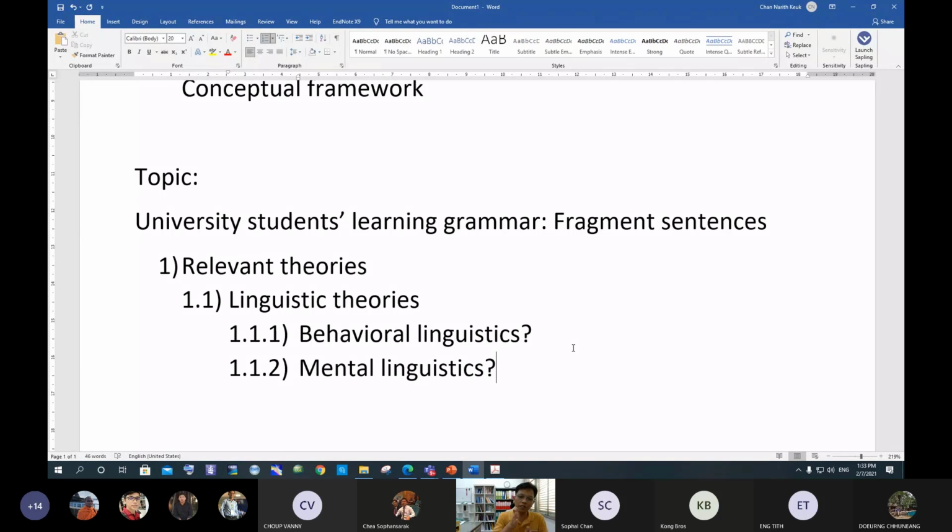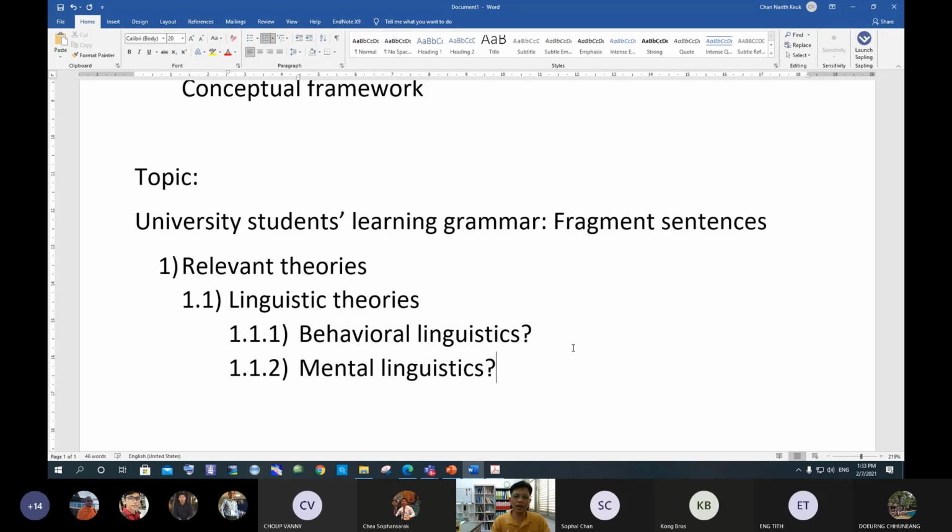So language is a system now. And then Chomsky developed generative grammar, transformational generative grammar. So he said there are rules in the language.